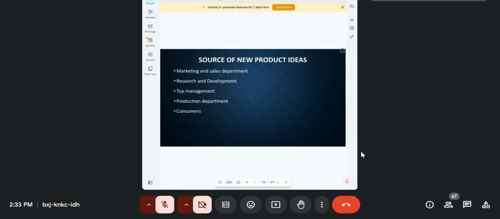Now, sources of new product ideas. This could come from the marketing and sales department. They interact quite a lot with the clients, so they are a good source.